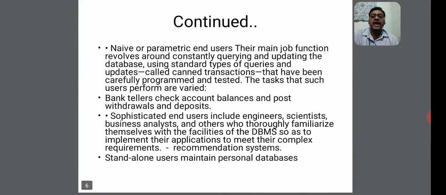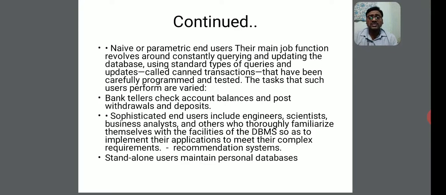Next we have parametric end users or naive end users. These parametric end users are the type of users whose job itself is to access the database. Their job involves day-to-day access to the database. The best example is the reservation clerks or the cashiers in the bank.